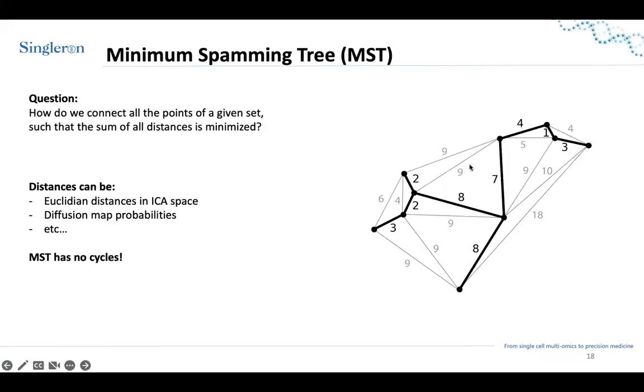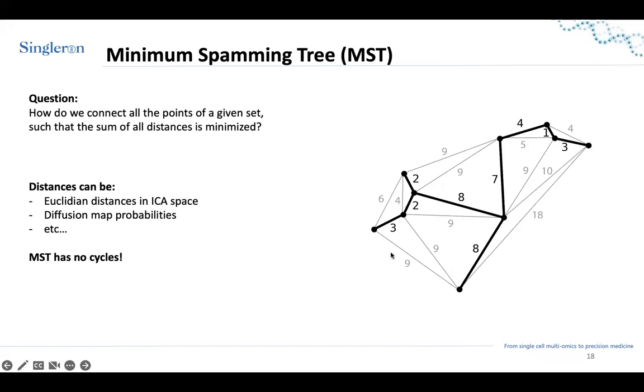So once we have reduced our dimensions, imagine that this is our data in reduced dimension, we would like to detect the path that a cell would follow. So here we have a certain number of points, I think 10, and they are connected with each other.